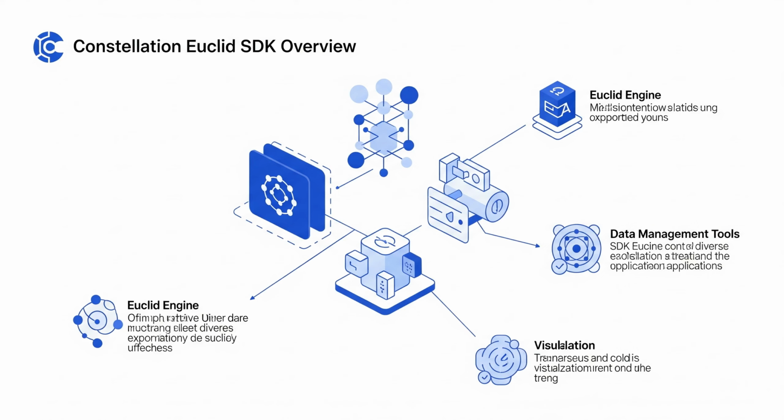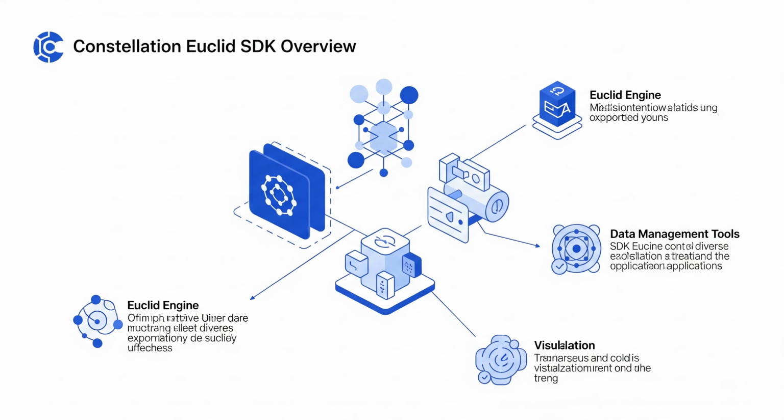Or think about scientific research apps dealing with really complex specialized data. You could define totally custom data types and the exact validation rules needed for that specific data. You're not limited to just simple numbers or strings. That granular control, it just opens doors for way more tailored, maybe more efficient applications.